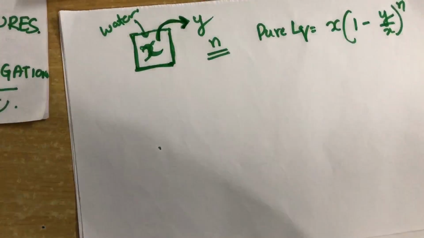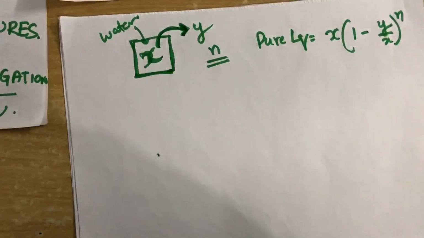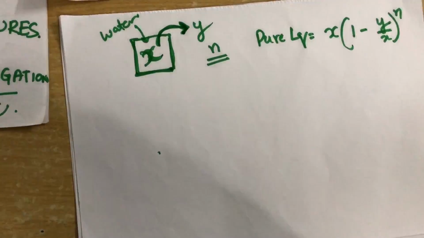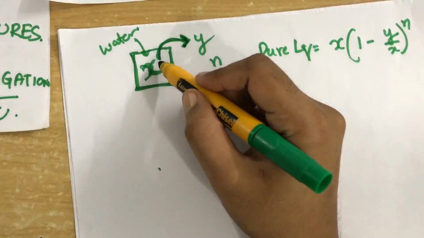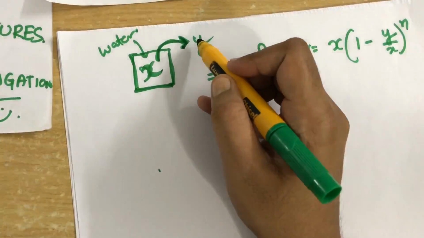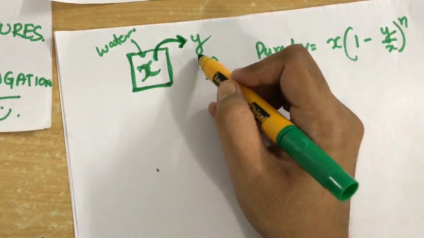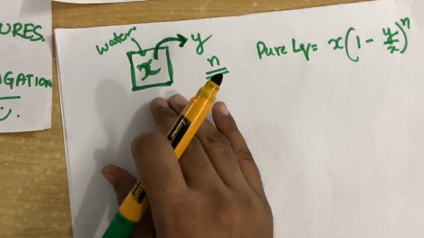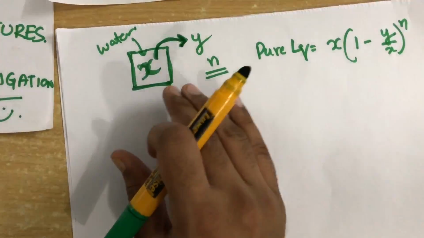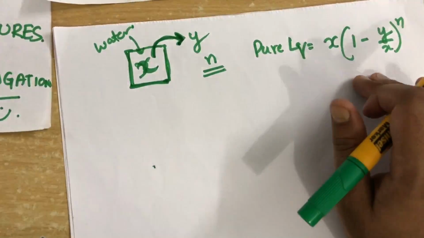I hope you got this. You are not just removing the pure liquid every time. The second time when you remove, you are actually removing y liters of the diluted liquid, and hence this formula.